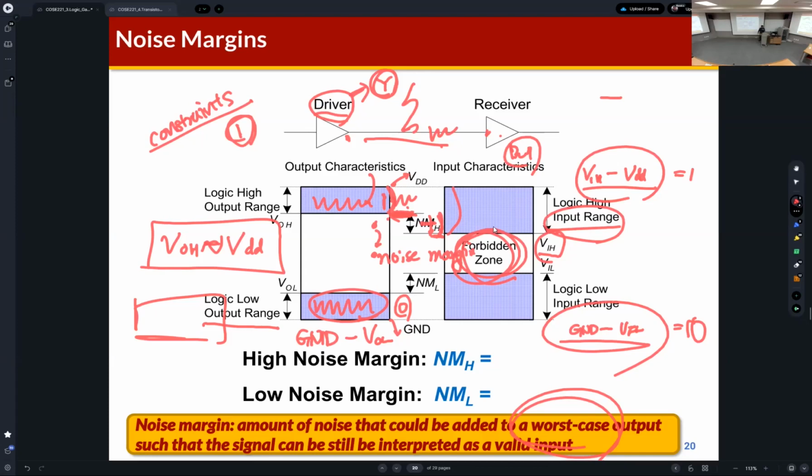We frequently use the terminology margin, right? It's some allowable range.